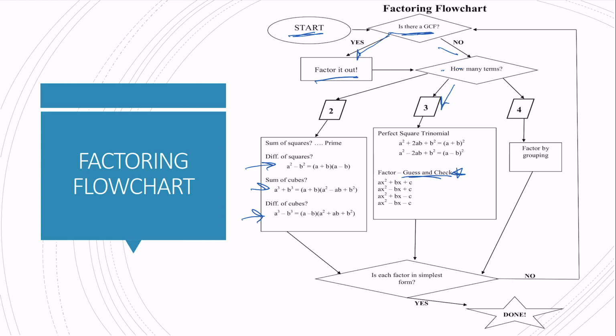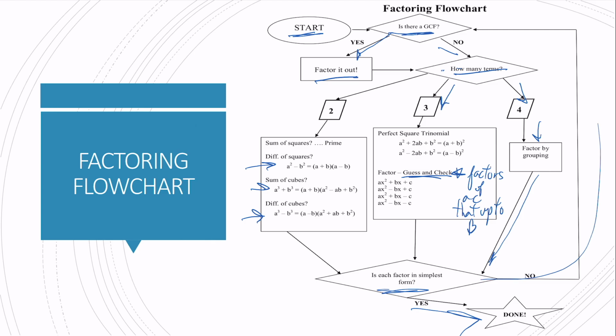Your instructors in high school might have said that, but this is finding the factors of AC that add up to B. We aren't guessing, we're finding which factors of AC add up to B. I've always been annoyed by that. If there's four terms, we factor by grouping. Is each of your factors in simplest form? Yes, then you're done. No, then you have to go back up to the top and start all over again.